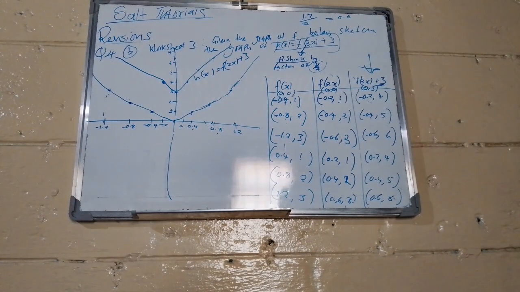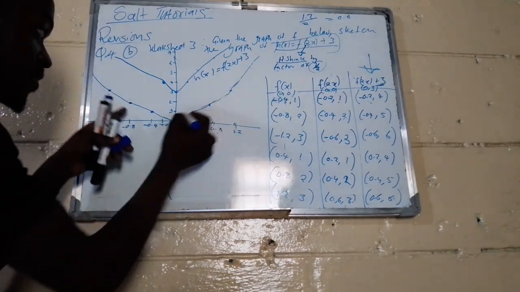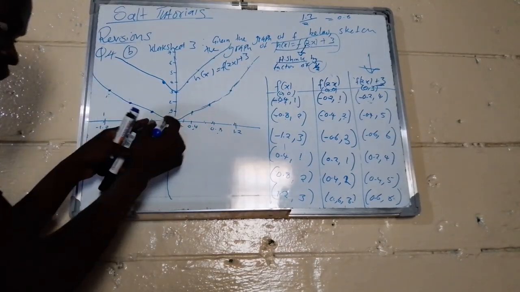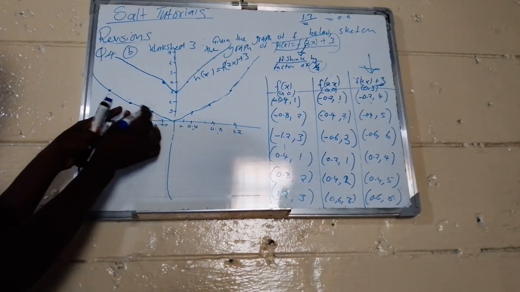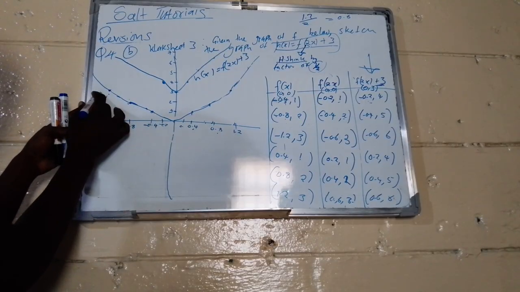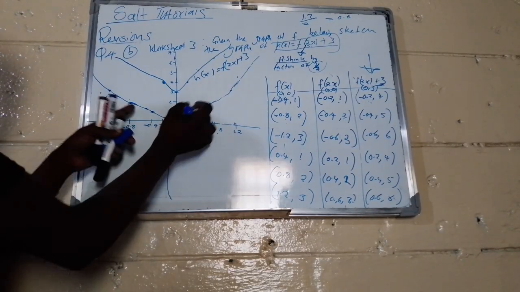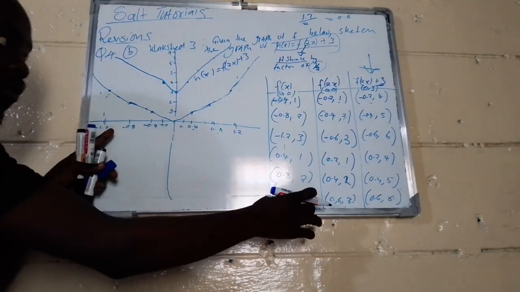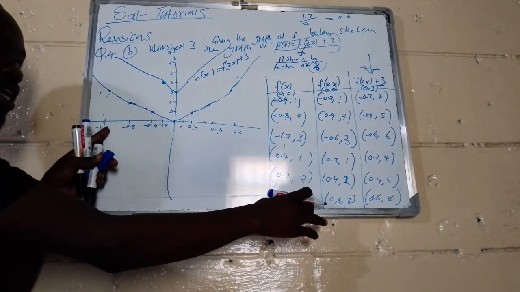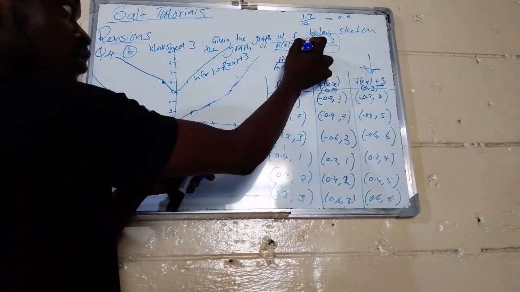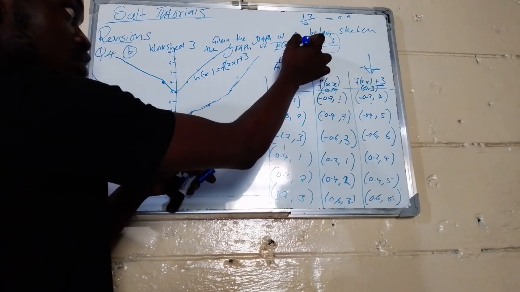So you get the coordinates on that graph, the first one which was sketched. Locate whatever points you can locate and put your coordinates for f of x. Next, put the coordinates for f of 2x. This 2 means it's a horizontal shrink.